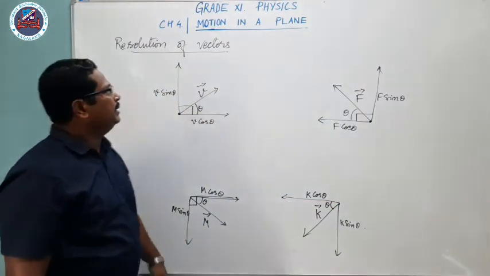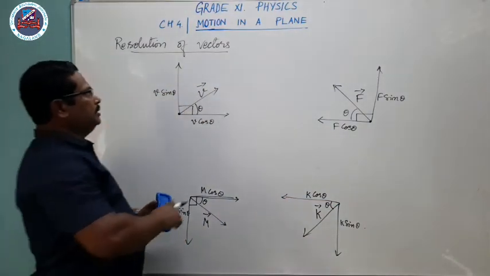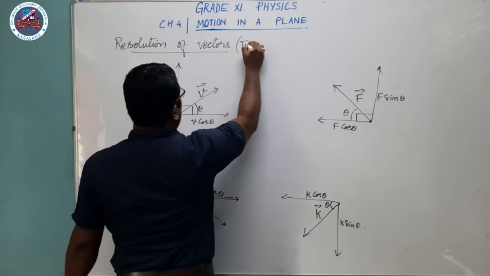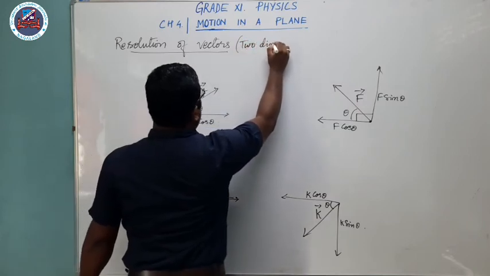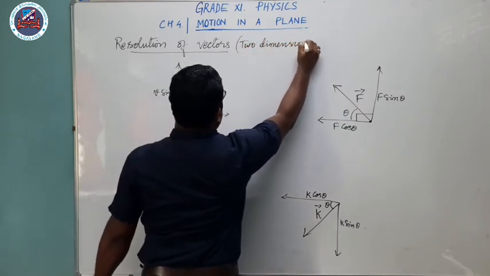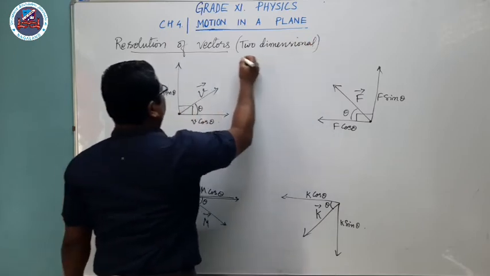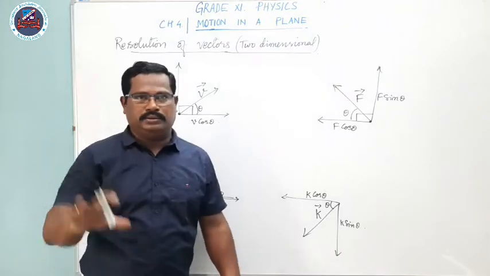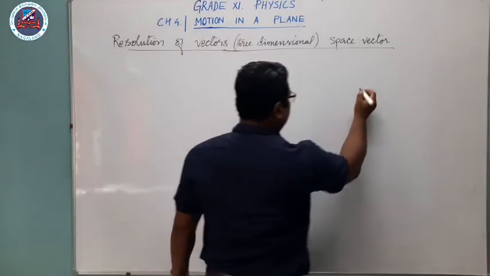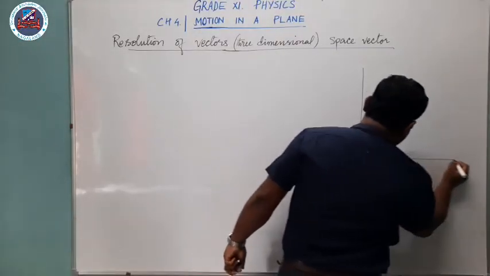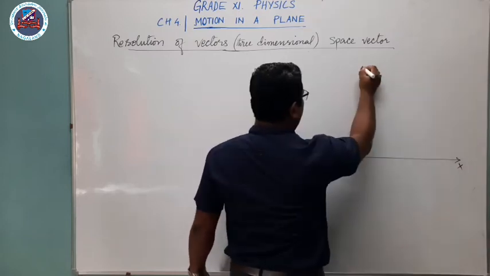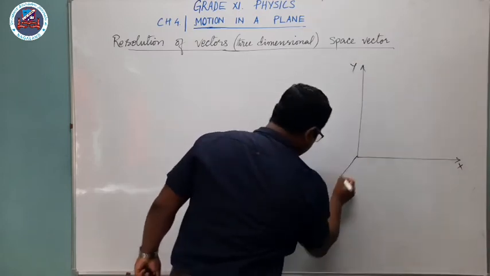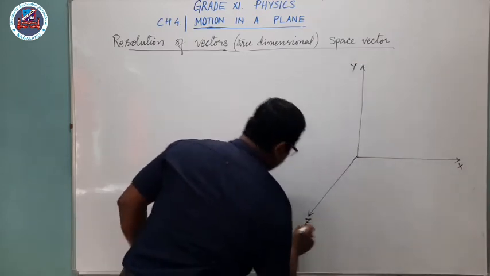Now let us see resolution of vectors. This was two-dimensional. Let us do it in vector space, that is in 3 dimensions, and check how it will look. Take this as the x-axis, this as the y-axis, and this as the z-axis.